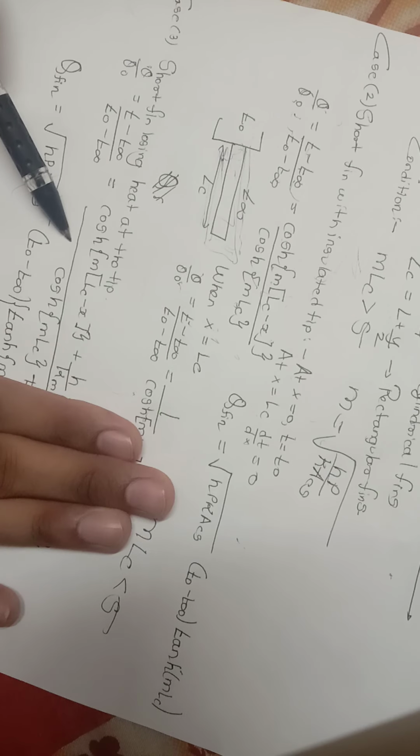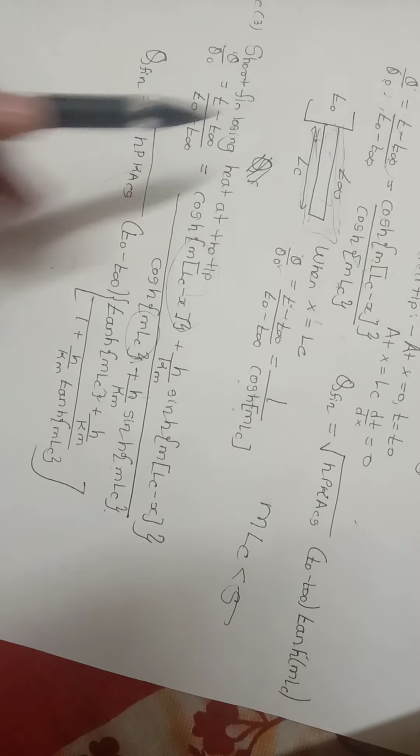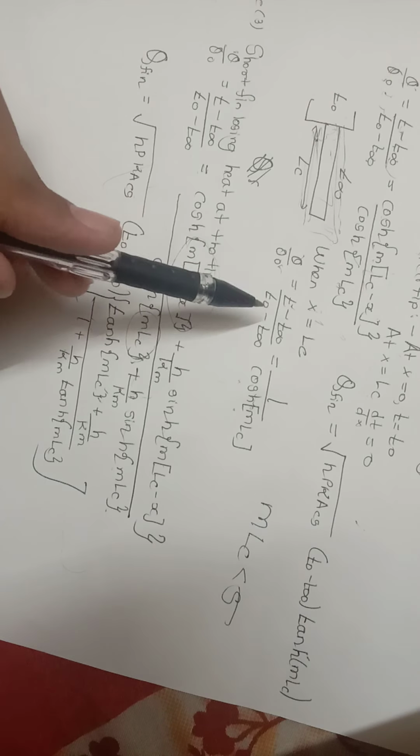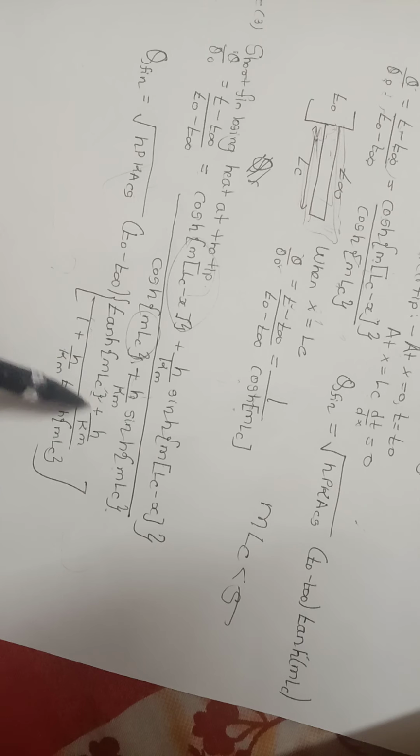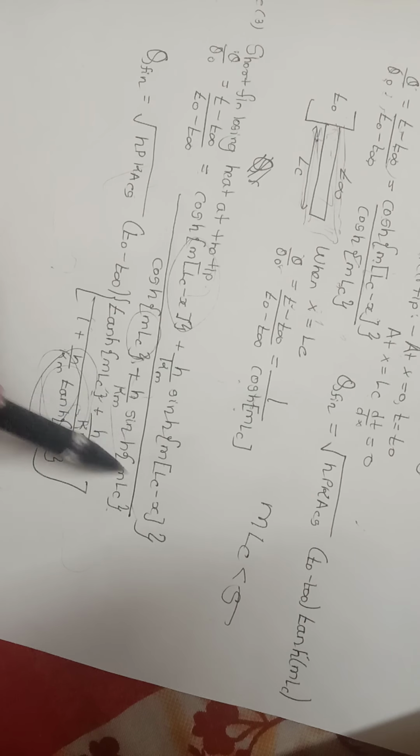You just have to remember h by km with sinh: here cosh, here sinh, the rest same. Here also tanh mLC plus h by km upon 1 plus this; you have to remember h by km, and the signs are the same. There is no other shortcut.